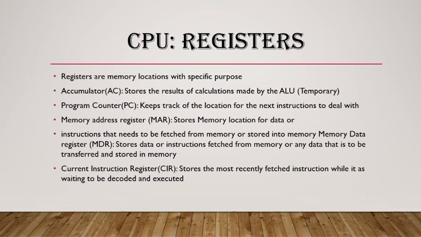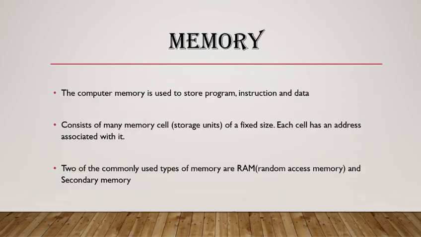Memory data register, MDR, stores data or the instruction fetched from the memory, or any data that is to be transferred and stored in the memory. Let's move to the last point. Current instruction register, that is CIR, stores the most recently fetched instruction while it is waiting to be decoded and executed.